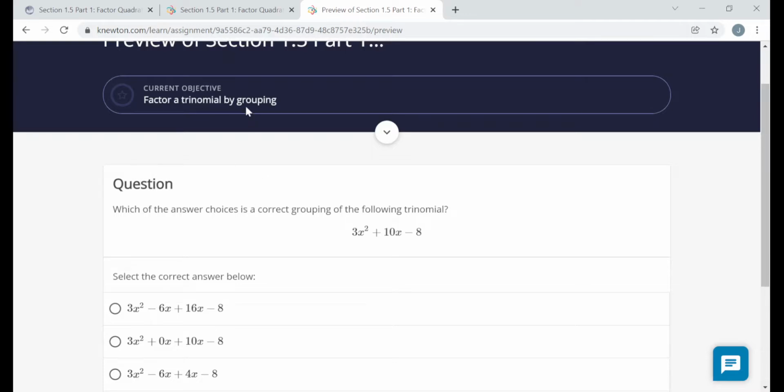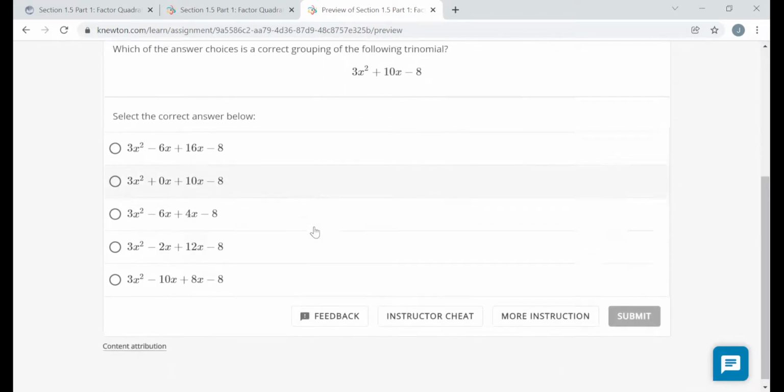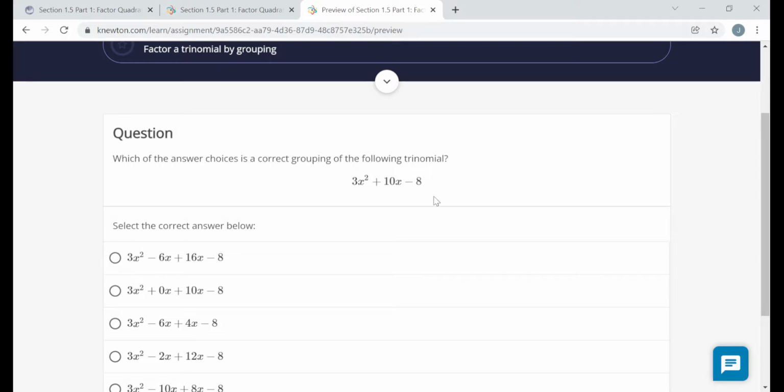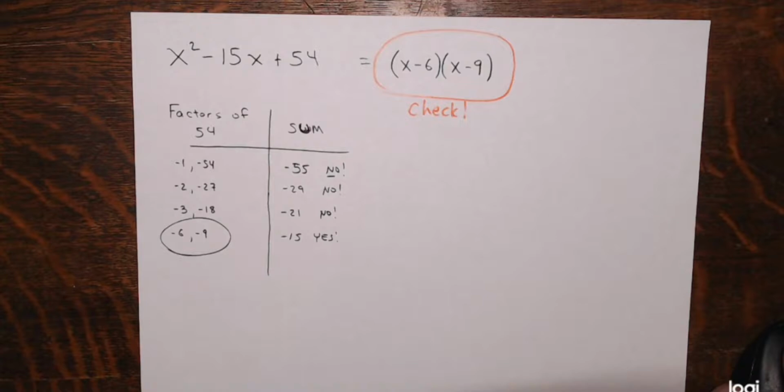Now, again, if you don't remember what factoring by grouping is, click on More Instruction and read what they have to say about it again, or watch whatever video they provide to you. But I'm going to go through here and do it on my own piece of paper.